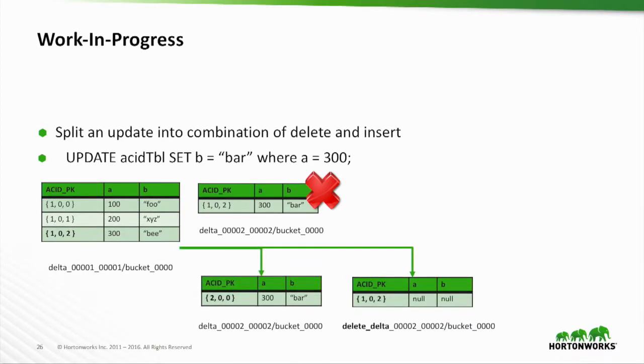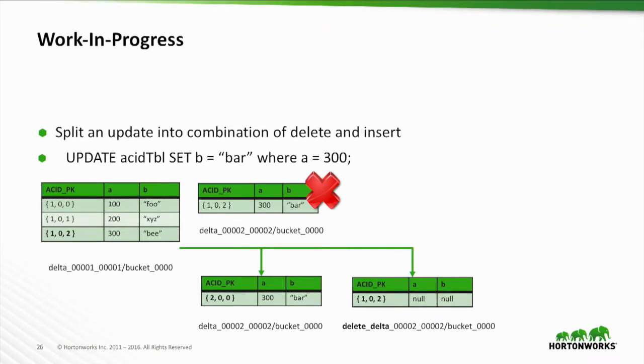So the new layout of the data on disk represents the same information as two events. One is a delete of the old data, and the other one is a new insert event. And so logically, it looks as if the client first ran a delete statement and then an insert statement in the same transaction.